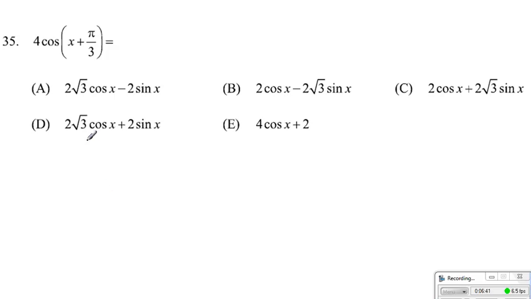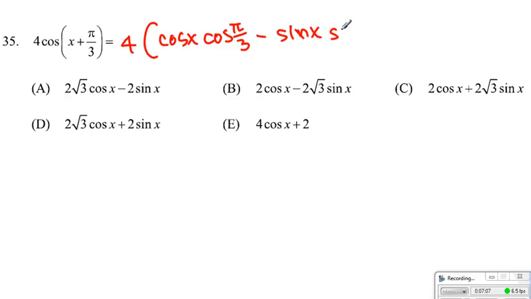Alright, so in this case we have to use the sum of the angles for the cosine ratio. So here we have 4 times cosine of x times cosine of pi over 3 minus sine of x times sine of pi over 3.